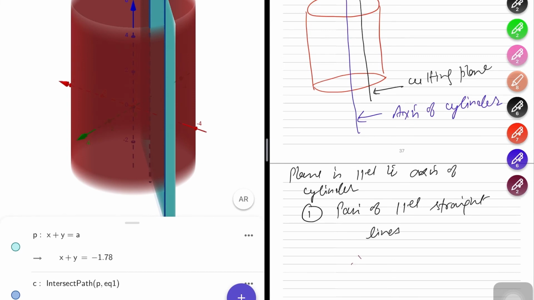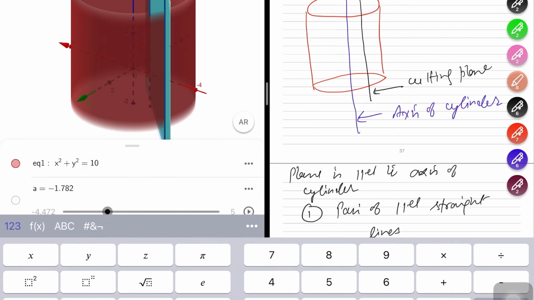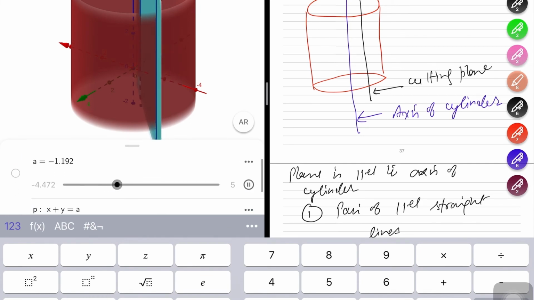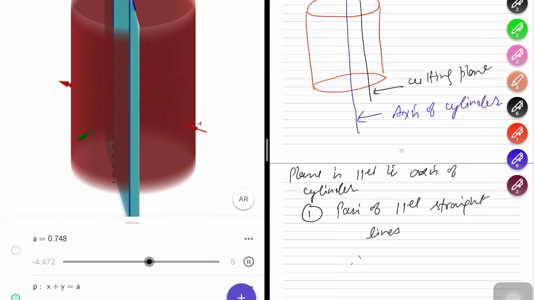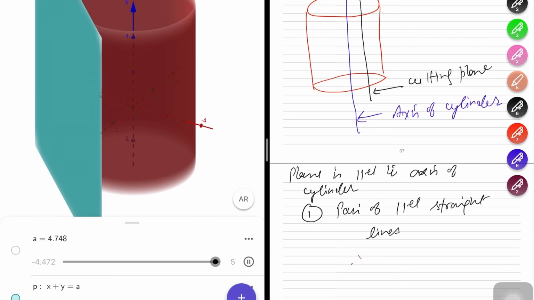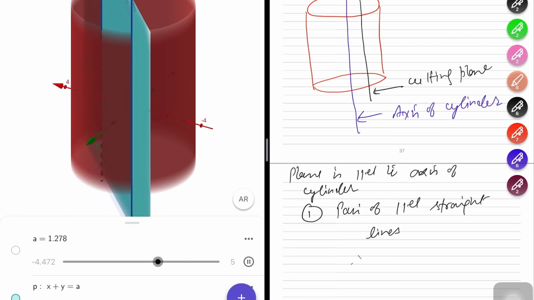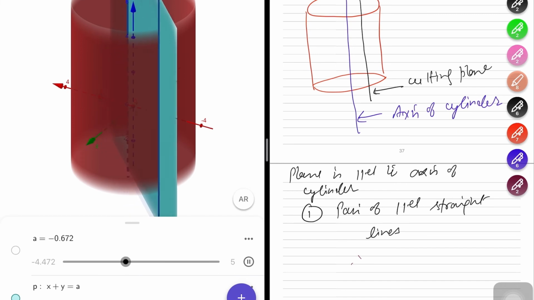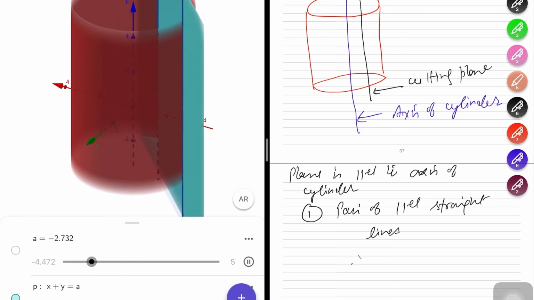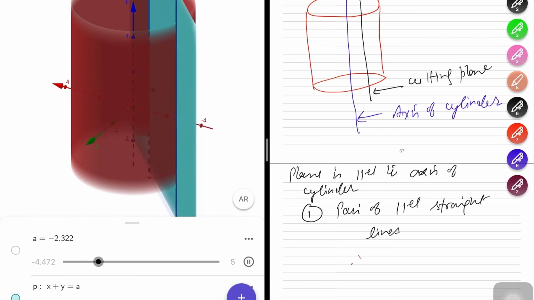So we can see that the plane which is parallel to the axis of a cylinder is cutting the cylinder, and the section is a pair of parallel straight lines.